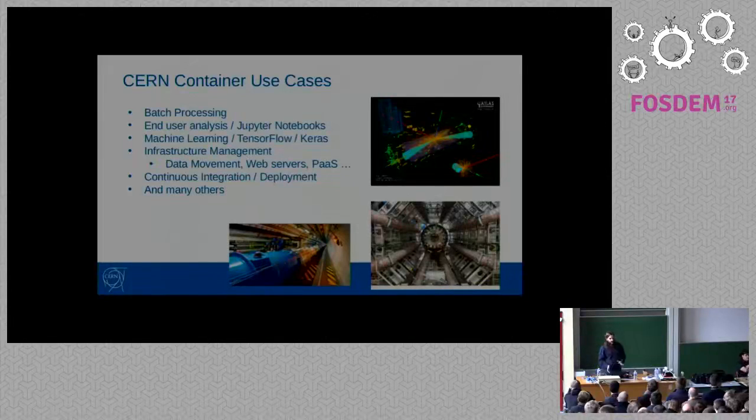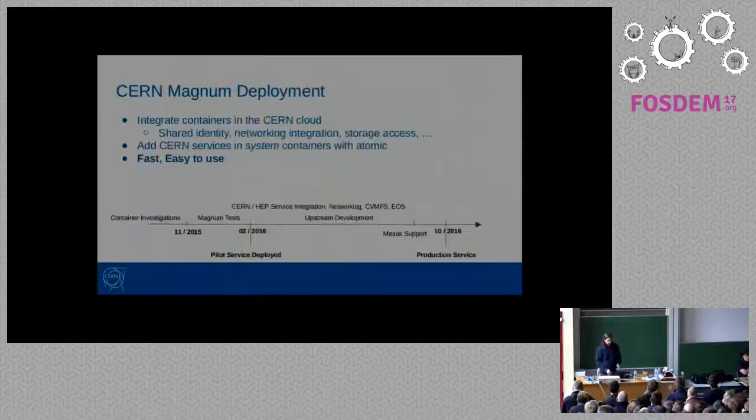Also, use cases for machine learning with TensorFlow, deep learning. Physicists are more into that. We just provide infrastructure. We also have infrastructure management, like moving data across the various data centers that are used by CERN users. And then web servers, platform as a service, continuous integration like GitLab CI, and many others.